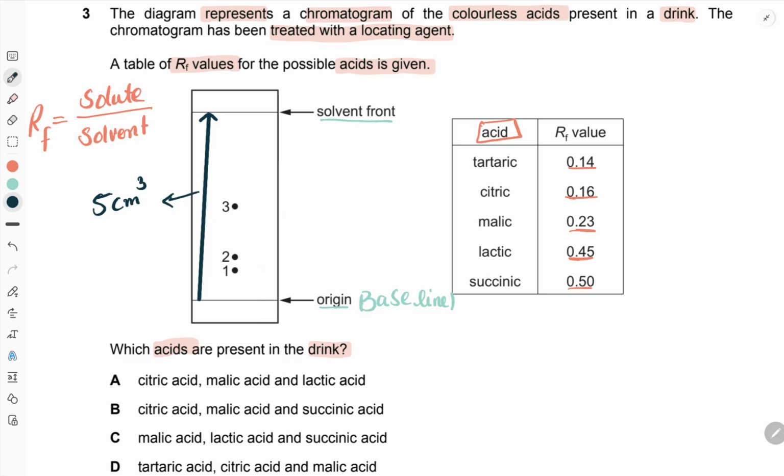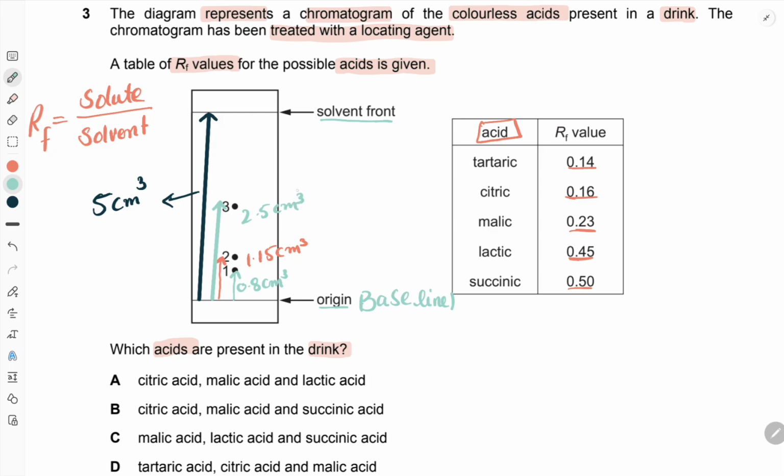The distance traveled by spot 1 is 0.8 cm. The distance traveled by spot 2 is 1.15 cm, and the distance traveled by the third spot is 2.5 cm.